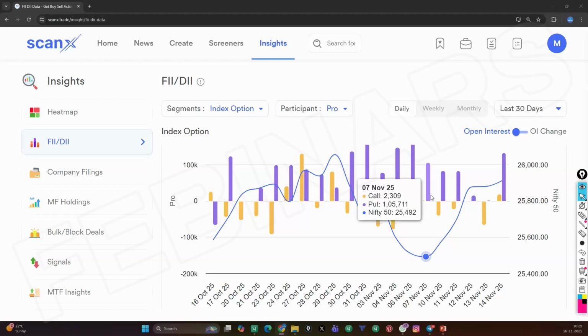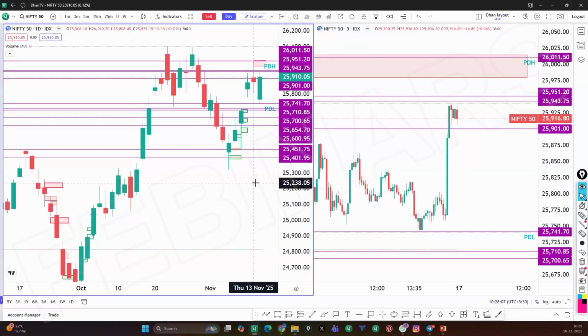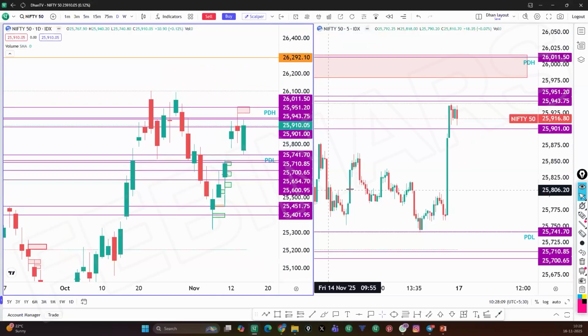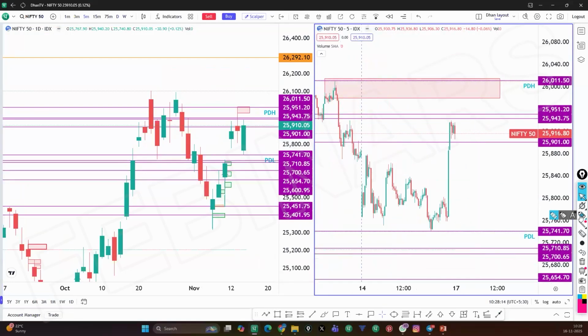First, we are analyzing. Both FIIs and DIIs are bearish. Sir, what can I do tomorrow morning? All you need to do is go to the chart and be ready for a bearish view. On Monday morning, ladies and gentlemen, if the market gets rejected and creates lower low, lower high, lower low, lower high, I will go and short the market.